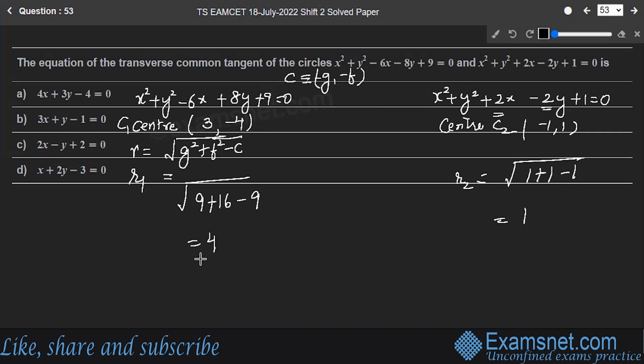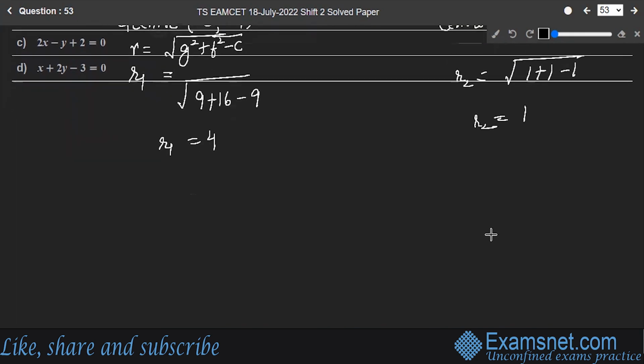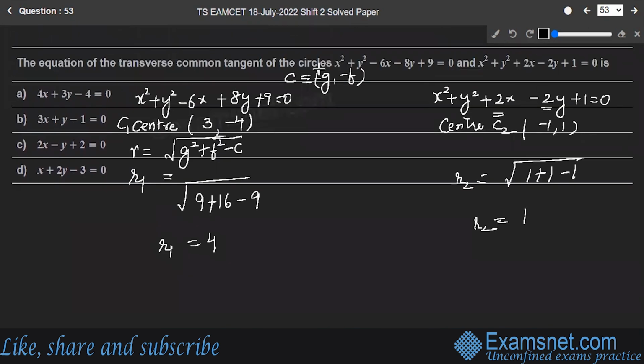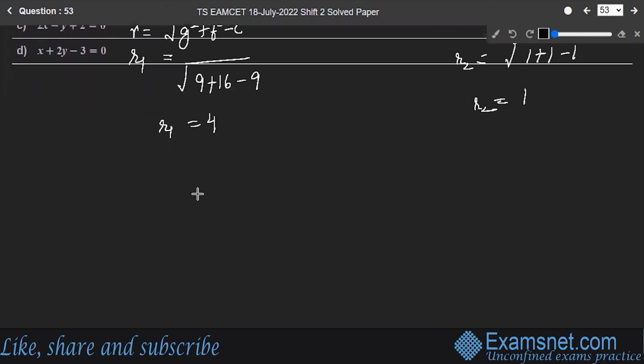So R1 is equal to 4 and R2 is equal to 1. Now we got the centers also. C1 was equal to 3, comma, minus 4, which was the coordinates for center 1, and center 2 was equal to minus 1, comma 1. Let's calculate C1C2 using the distance formula.